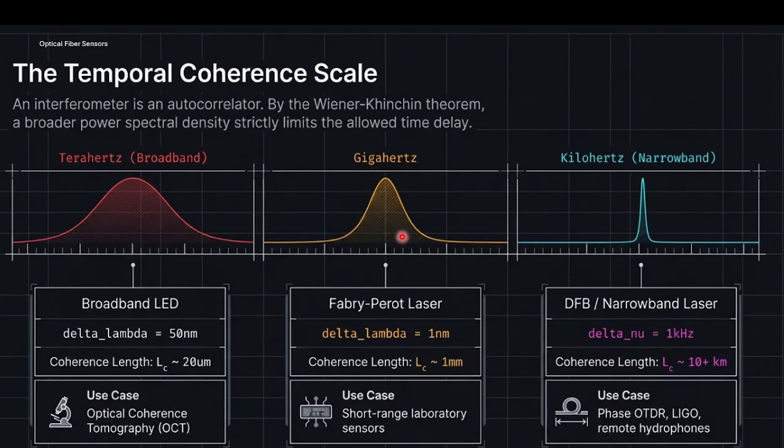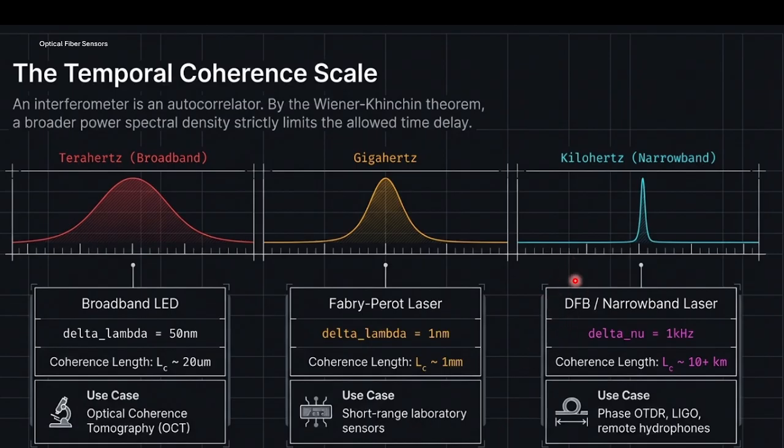Then the next is gigahertz, where the Fabry-Perot laser can be used, with a delta lambda of 1 nanometer and a coherence length of 1 mm, and this is for short range laboratory sensors.